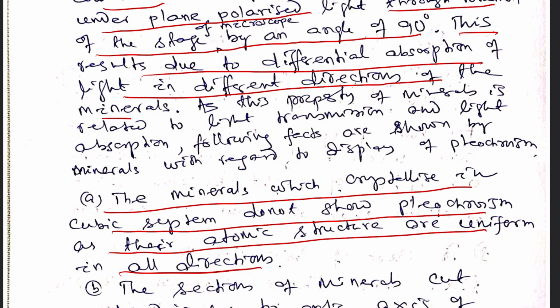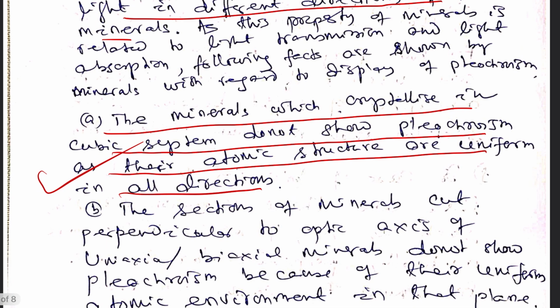That is, they have the same optical characters in all directions, and therefore when a light ray is transmitted, it suffers equal absorption in all directions, as a result of which there occurs no differential absorption, and therefore minerals crystallized in the cubic system do not show pleochroism.